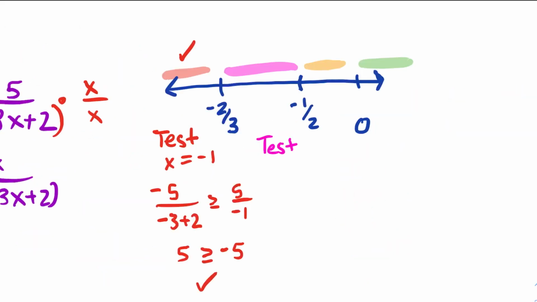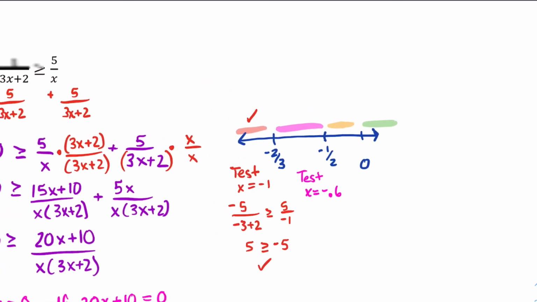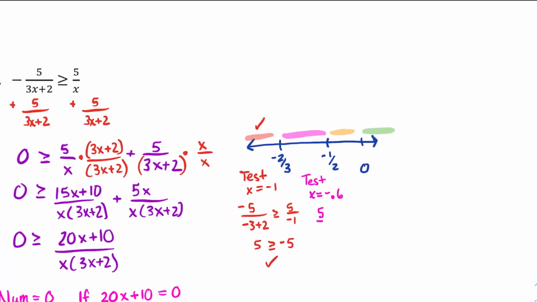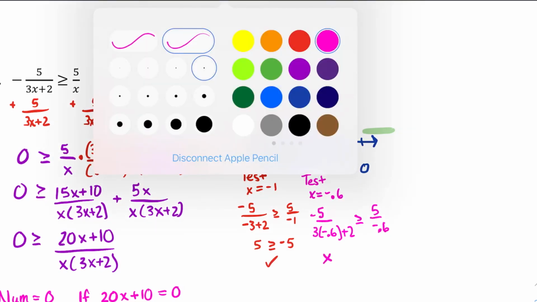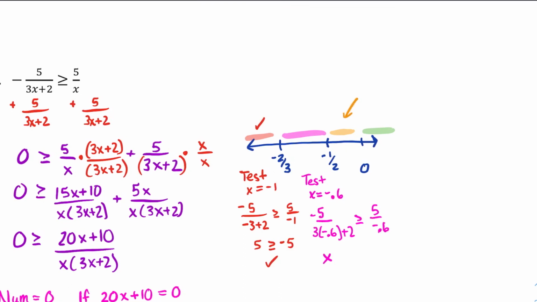If I try one in between -2/3 and -1/2, I'm going to have to go with a decimal here, so -0.6 sounds good. I won't torture you with all of the details. You could plug it in. If you do it in your calculator, make sure you put the denominator of your fraction in parentheses. That does not make it true.